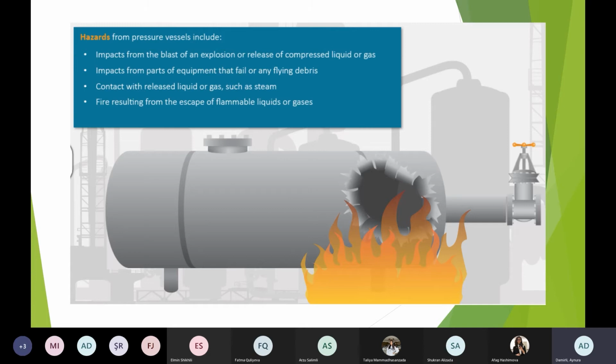I would like to say that fortunately, till now in Azerbaijan, in our facilities, there was no big fire or explosion which affected the population or any living organism.